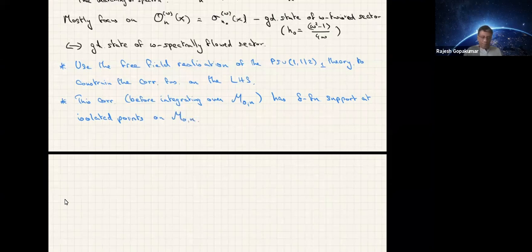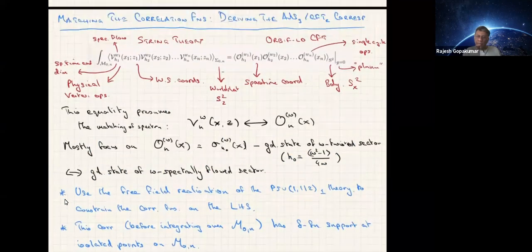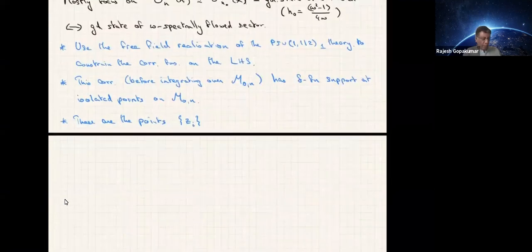So what are these points? These are the points Zi. The Zi are labeling the moduli space. Remember, in this correlator, Z1 to Zn. Of course, you can fix 3 of them to 0, 1, and infinity.